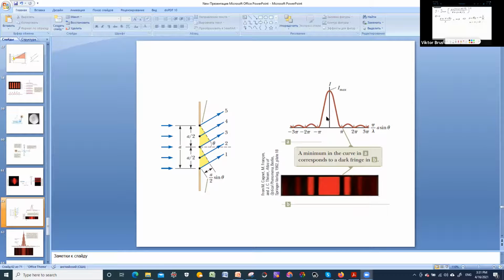However, the major light intensity is focused at theta equals 0 in the main diffraction peak. Now, let us think what will happen if we have two slits.